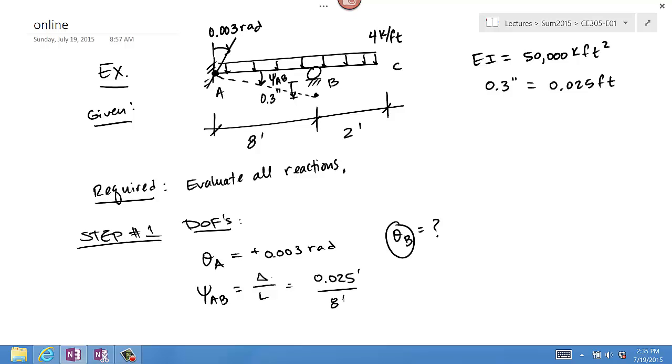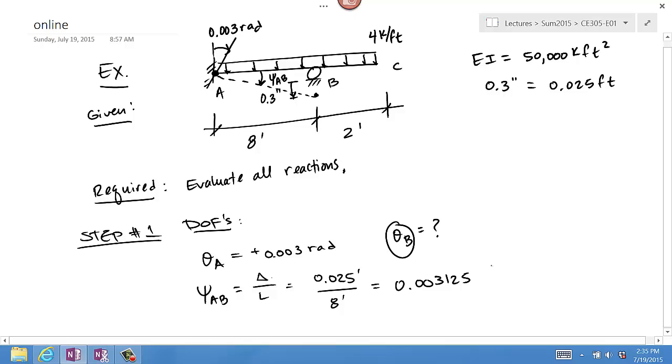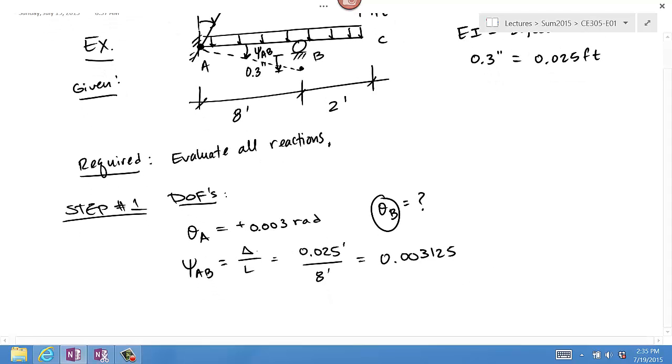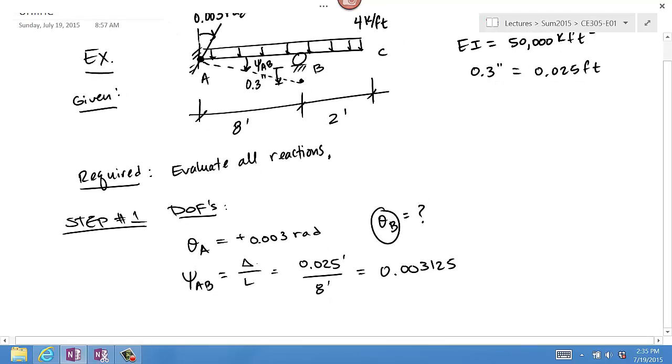Okay? The only time that in beams that you're going to see chord rotations or psis is via a transverse support settlement, as we have here with the 0.3 inches being 0.025 feet. So when you evaluate this ratio, we get 0.003125 and the results are unitless. The units are foot over foot, or radians.